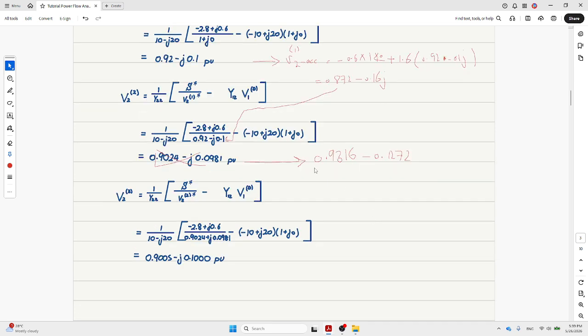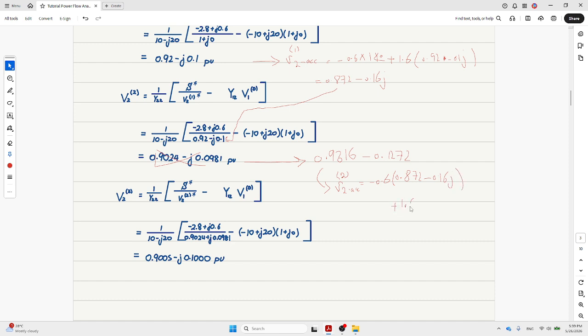Okay, so this one again needs to be accelerated in the same way. So V2 iteration 2, which accelerates the convergence rate, is minus 0.6 times our previous accelerated value, which is 0.872 minus 0.16j, correct?